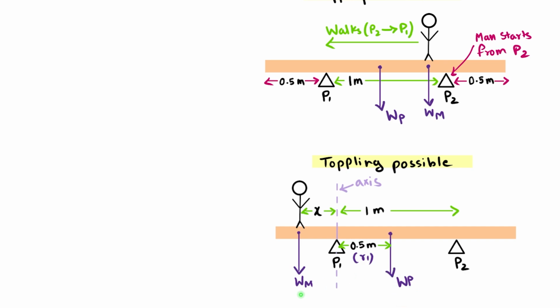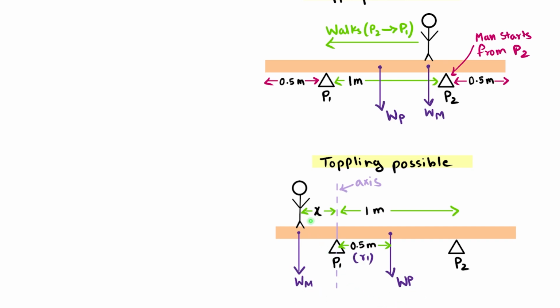So as long as torque produced by both these agents are balanced, हमारा plank equilibrium में रहेगा. But the moment the torque produced by this component exceeds our plank torque, it will start to topple. So that's what we have to find. We have to find the condition where both these torques are equal.